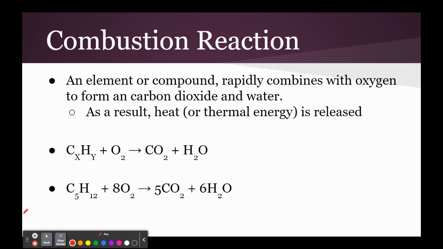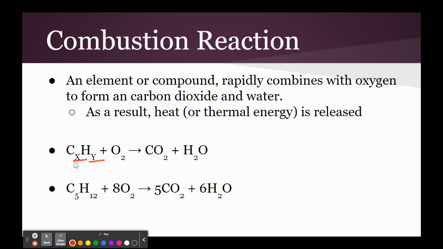Here, for our generic equation, we have this hydrocarbon. We call a molecule that is made of carbon and hydrogen a hydrocarbon. And you have an X and a Y here, because remember, this is the generic equation. Carbon and hydrogen can bond together in many different ratios in many different ways.